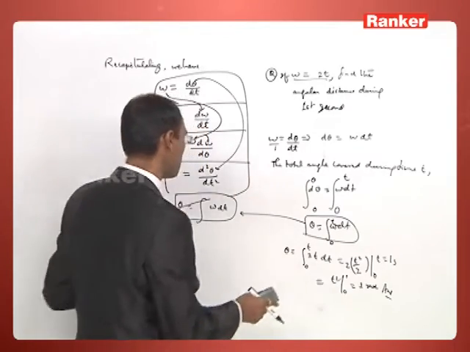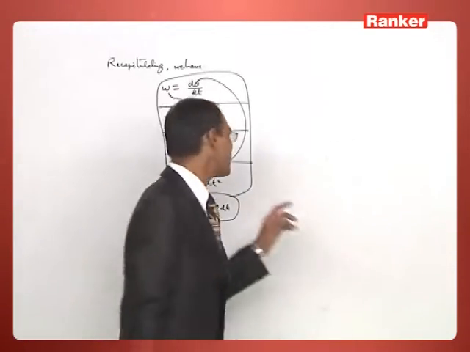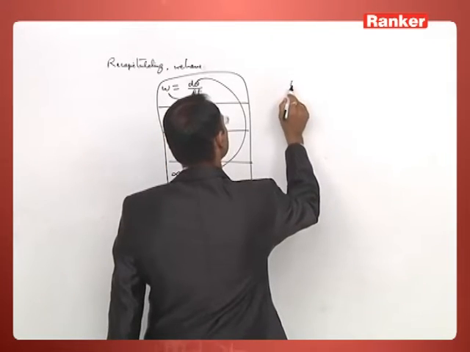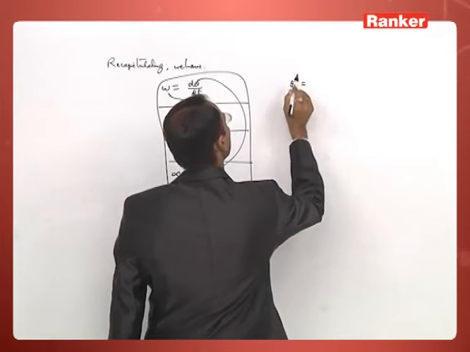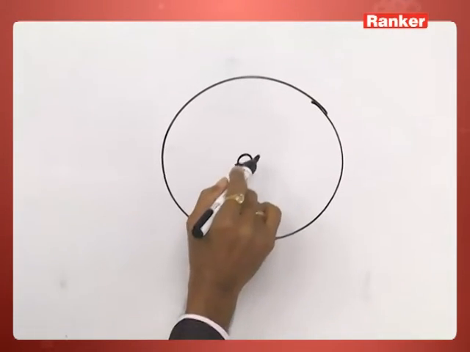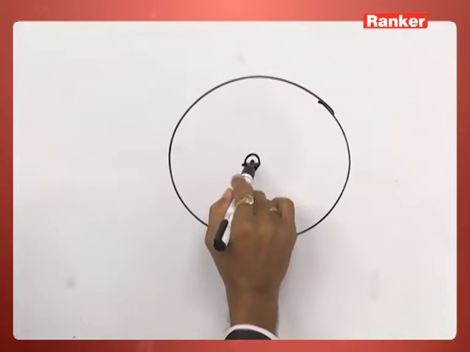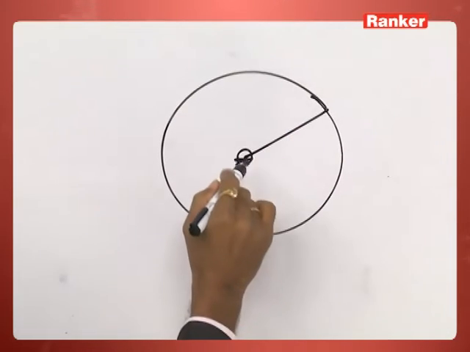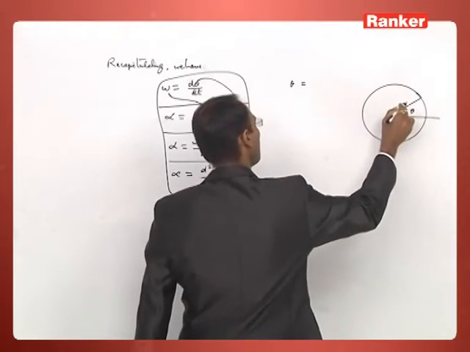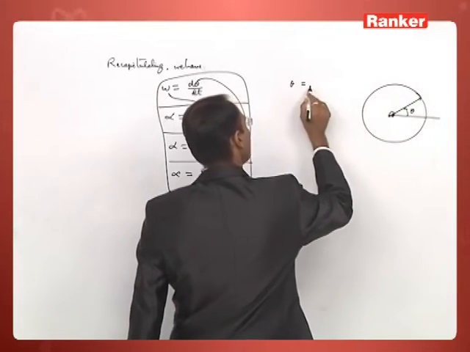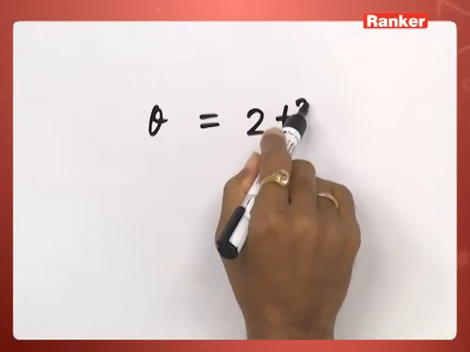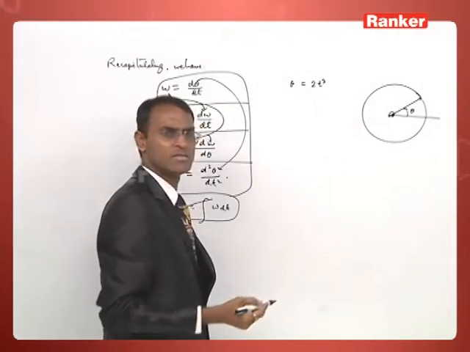Let us take an example for this formula. Suppose theta varies. Theta means you draw this radial line, this angle varies with respect to time like this.